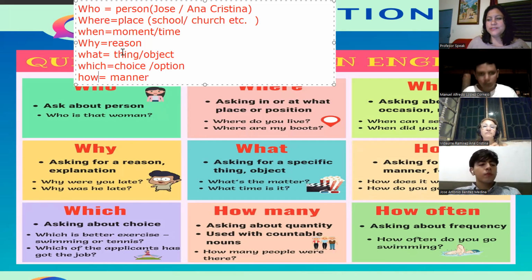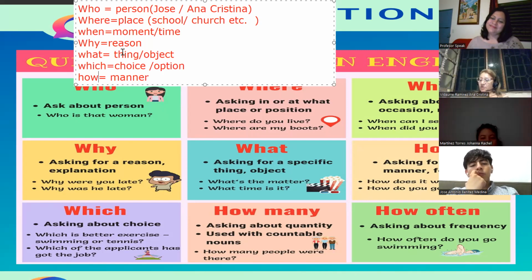Do you remember this topic when we were talking about the verb to be? ¿Se recuerdan que vimos esto con el verb to be? Yes or no? Porque siempre los temas, si es el verb to be, si es el simple present, el simple past, todos van a tener affirmative, negative, yes or no question, and WH questions. Si le agarraron al WH questions with the verb to be, es igual.